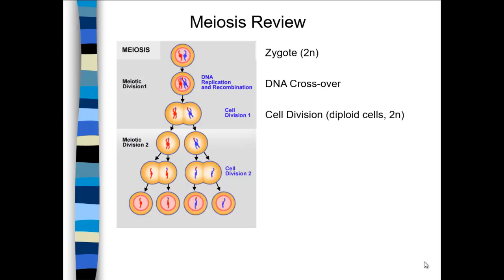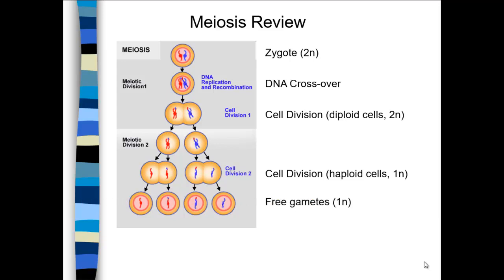In cell division number 1, you still have diploid cells because the cells have produced sister chromatids. Okay. In cell division number 2, now you have single chromosomes, so they're haploid cells, and these cells then go on to mature to become mature gametes.